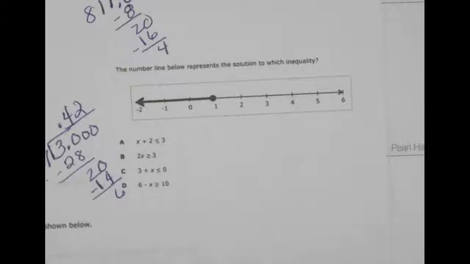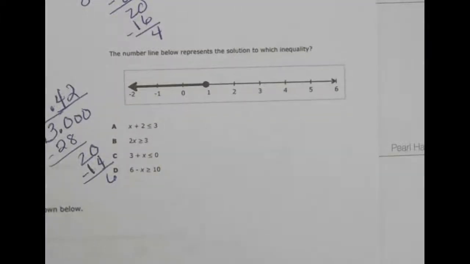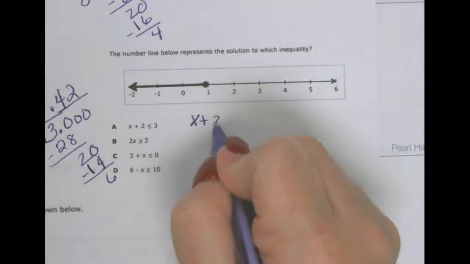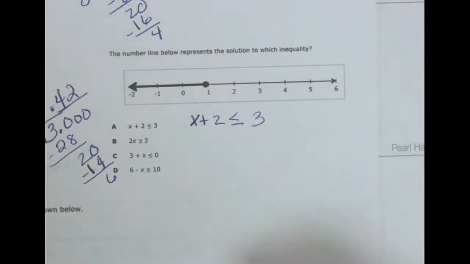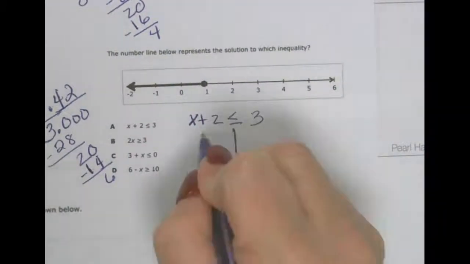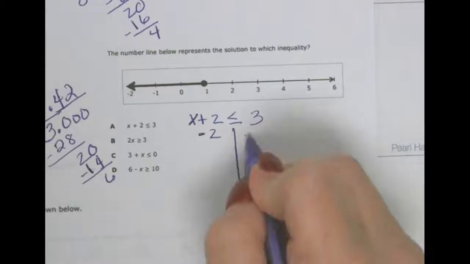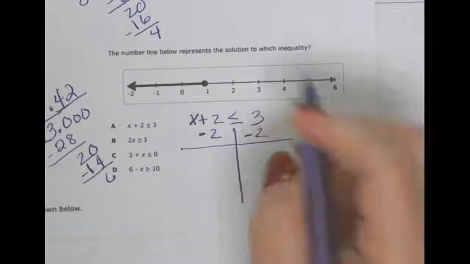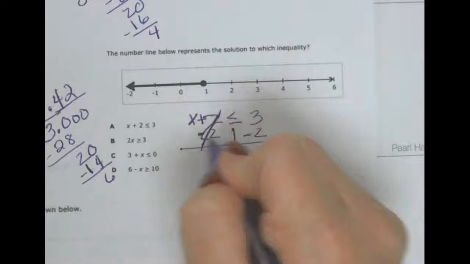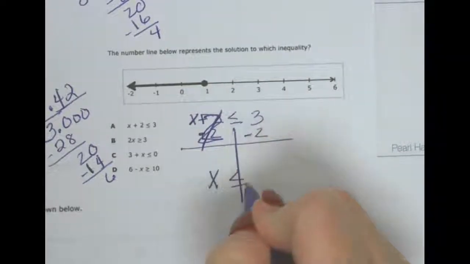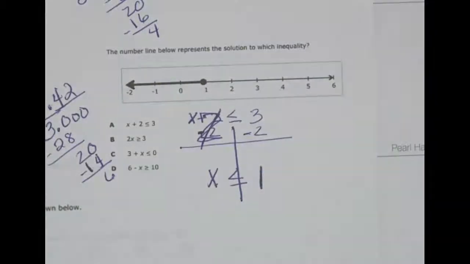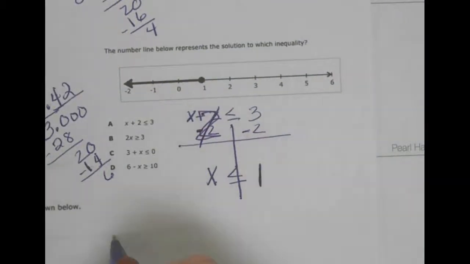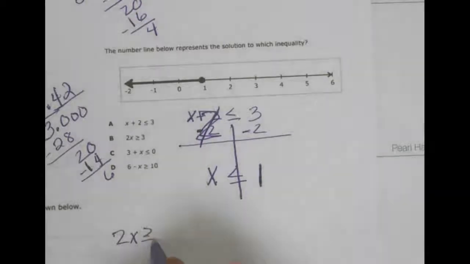This is something we haven't talked about, but is really simple. X plus 2 less than or equal to 3. You're going to solve it the same way. Subtract 2 on this side, subtract 2 on this side. My 0 pairs. 3 plus a negative 2 is a 1. 2x greater than or equal to 3.